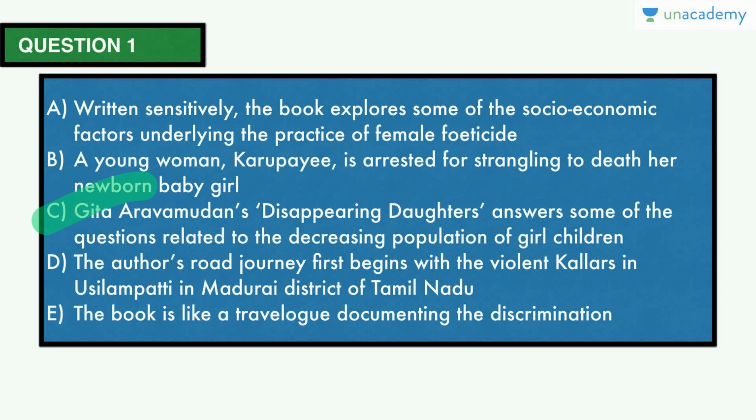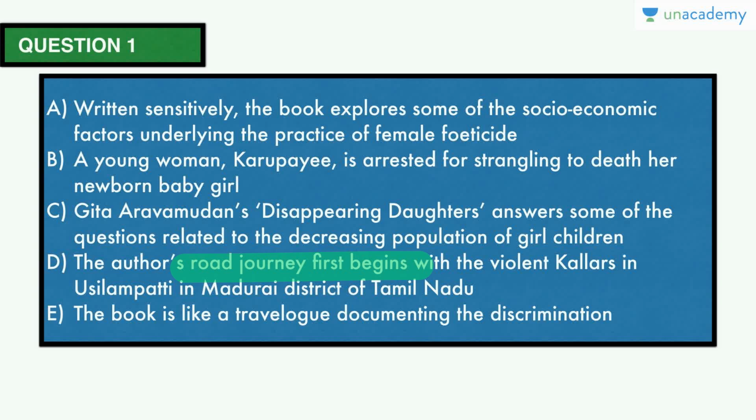So CED. I am pretty sure that CED should be the starting sentences. We look at A and B, but among C, D, E, the sequence is CED. Why? C is clearly the opening sentence, and then you introduce that yes, it is a travelogue, what the book is actually about, and then when you talk about the travelogue, that is when you talk about how the journey begins.